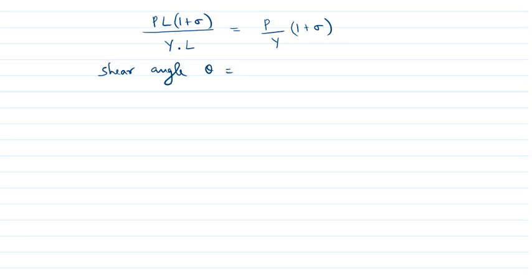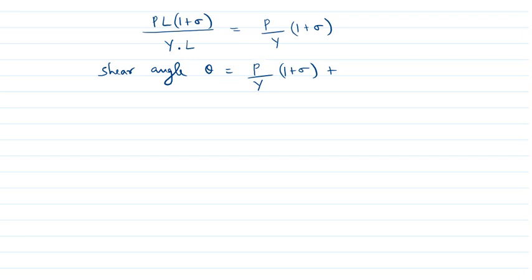It will be equal to the longitudinal strain, L by L. So we will get the value as P divided by Y, 1 plus sigma, and plus, so the shear stress is actually simultaneously equal to extension and compression strains at right angles to each other, so equivalent to a shear theta. Then we can say that this is the case of one extension and compression.